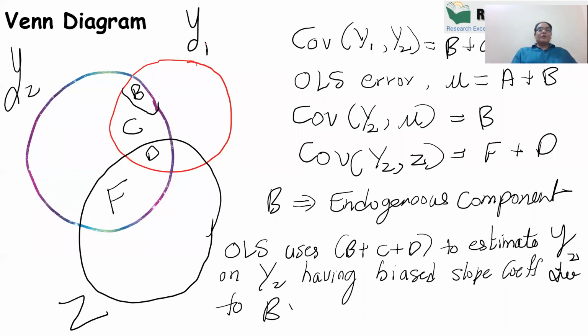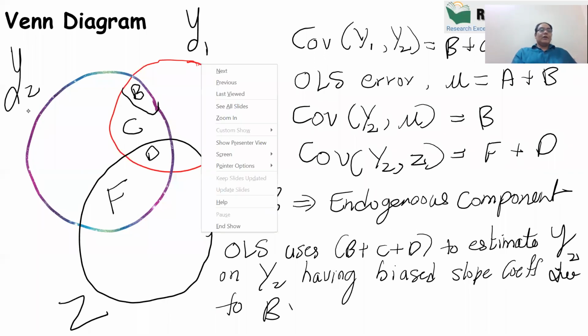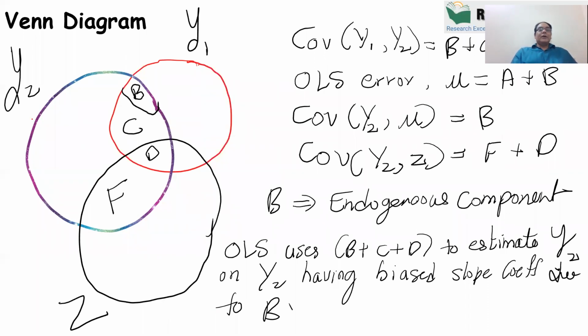So y1 is my purely endogenous, y2 is my independent but endogenous. Endogenous means having significant correlation with the error term, and this is my instrument variable.